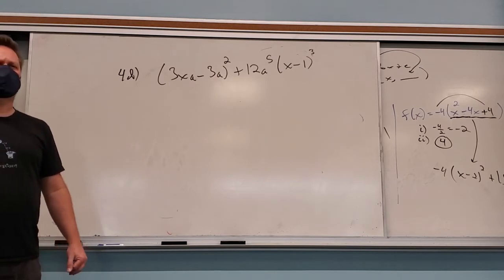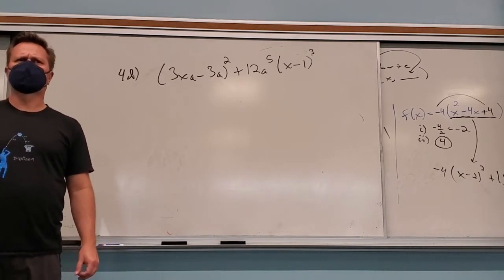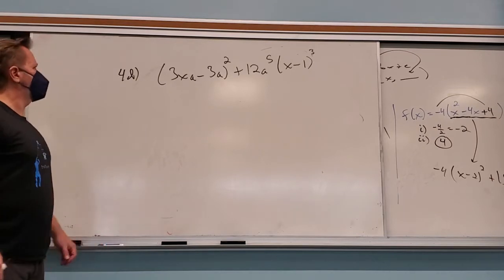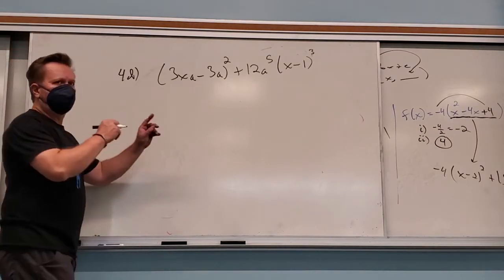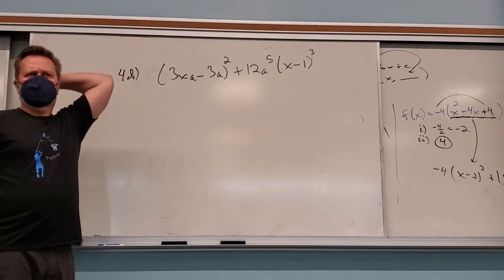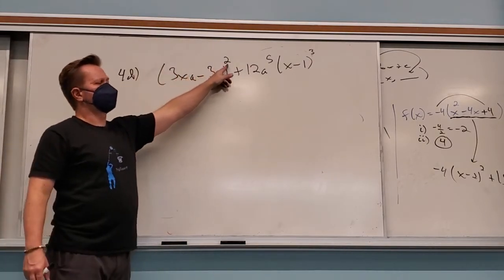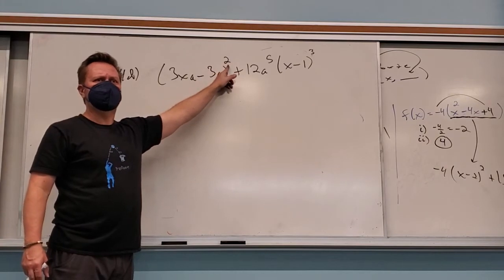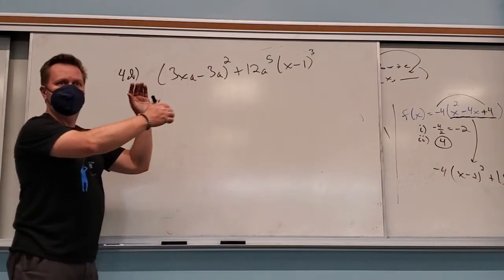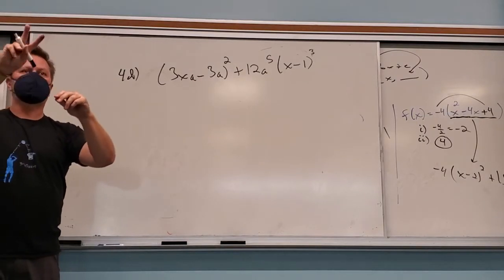Is one of the terms factorable? Yeah. Now be careful. What do you think comes out of here? 3a. But how many of them are there? 2, right? So if I took a 3 out, I actually do it twice.